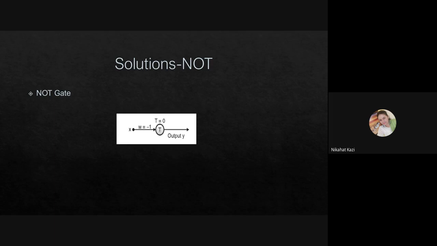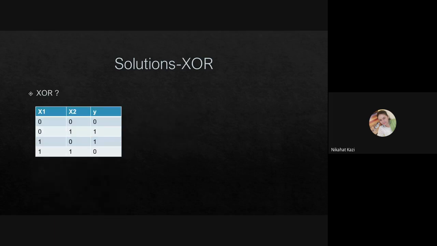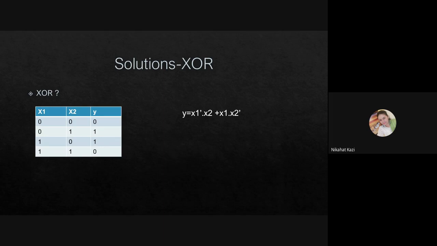What about the XOR gate? So this is the truth table for the XOR gate. If you try to use those inequalities, you will see that you will not find any solution.